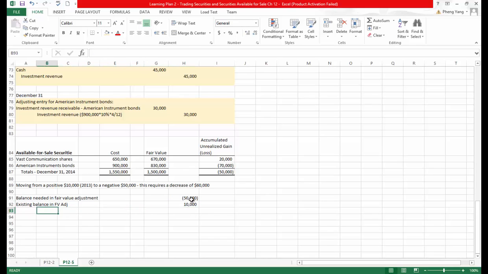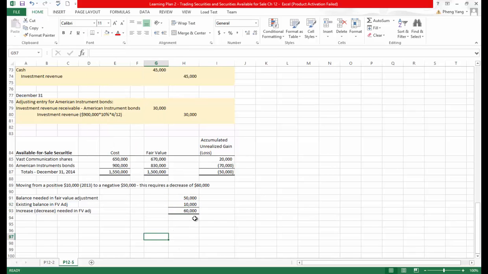The increase or decrease needed in the fair value adjustment will be 60,000. Basically the 50,000 plus the 10,000. And I should have just done this like this.